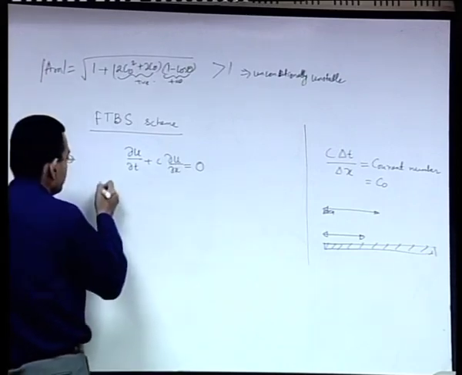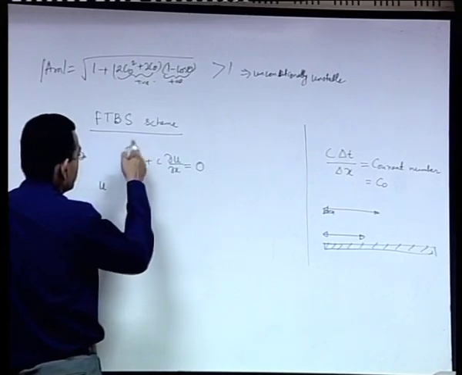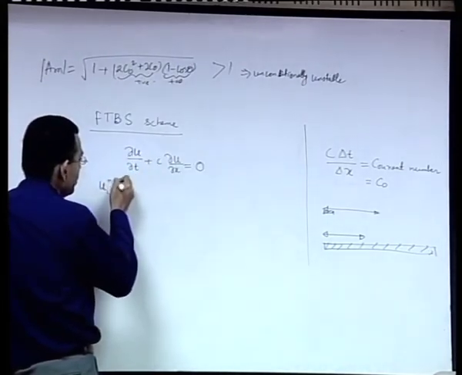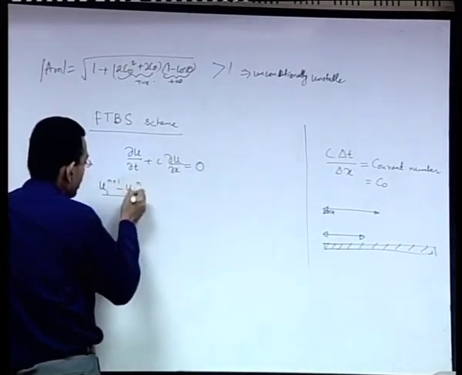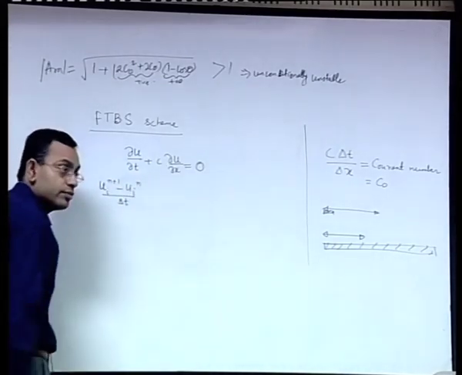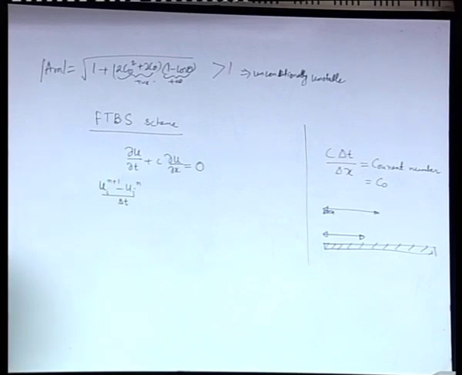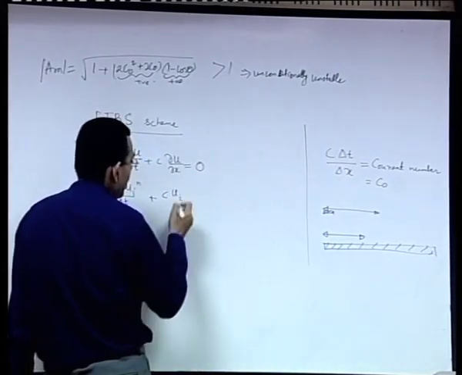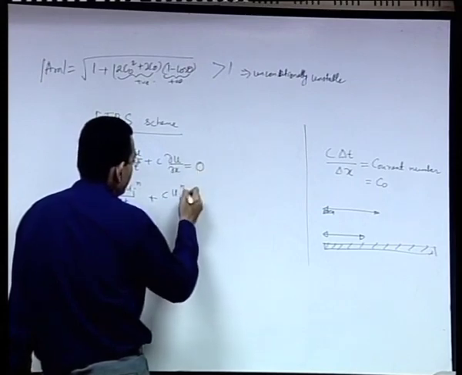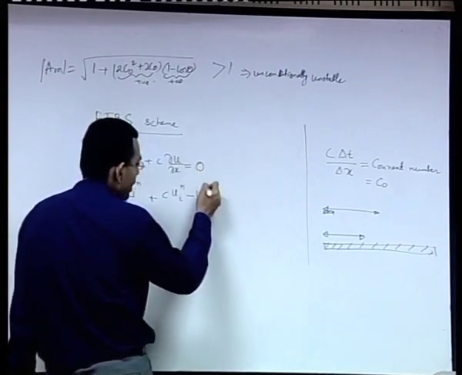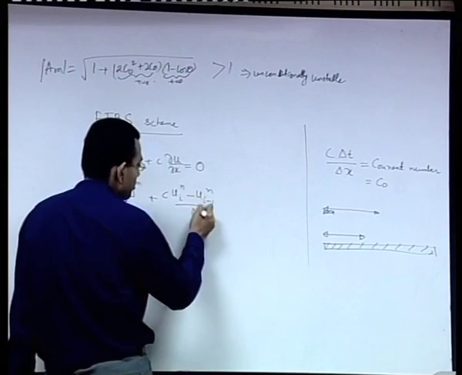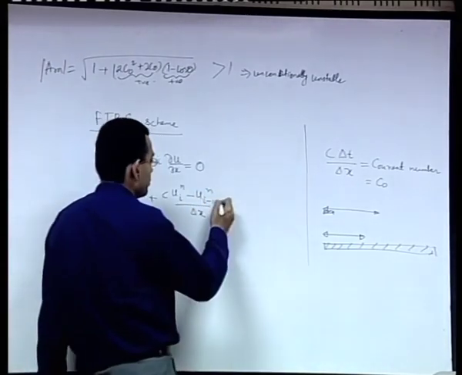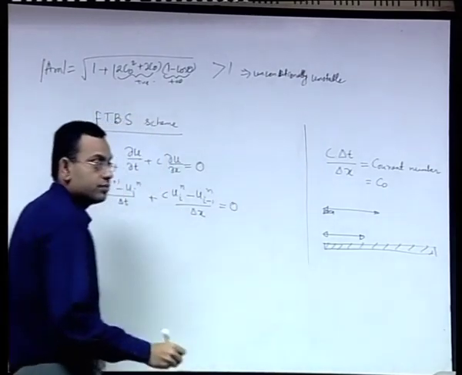For this one, (u_i^(n+1) minus u_i^n) by delta t, that is forward time, then backward space, (u_i^n minus u_(i-1)^n) by delta x, is equal to 0.